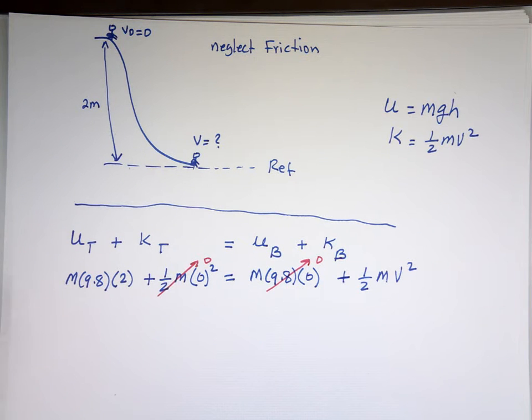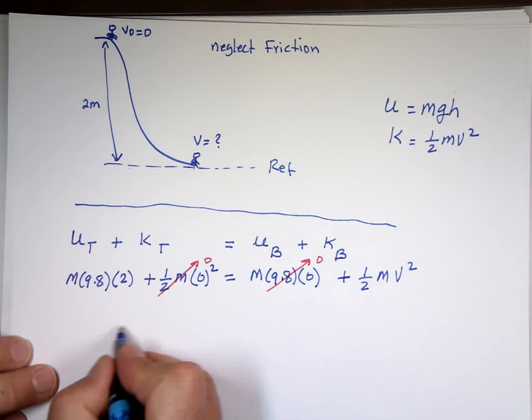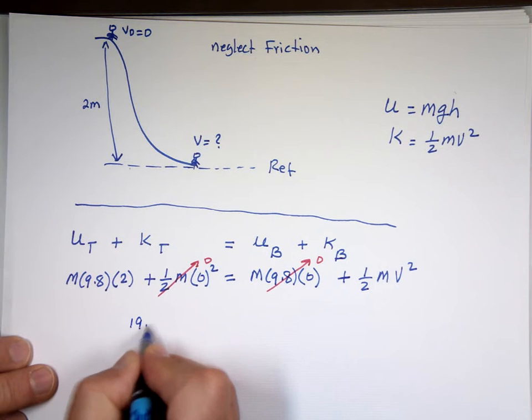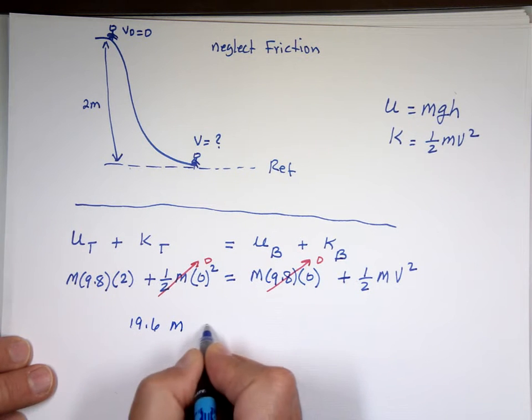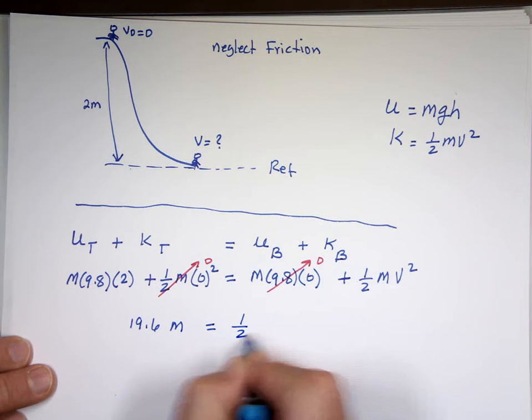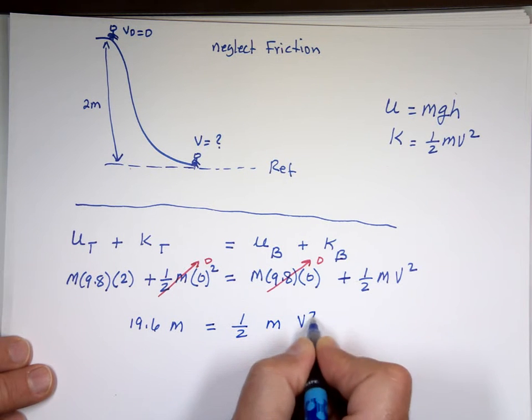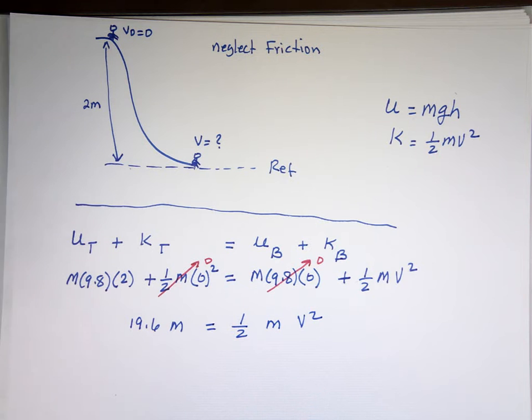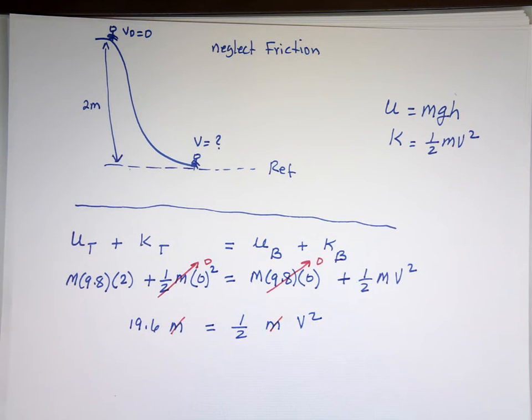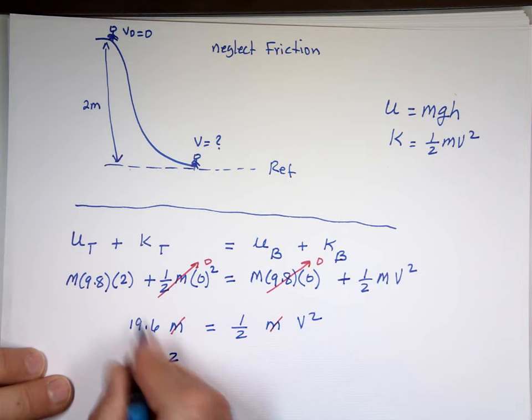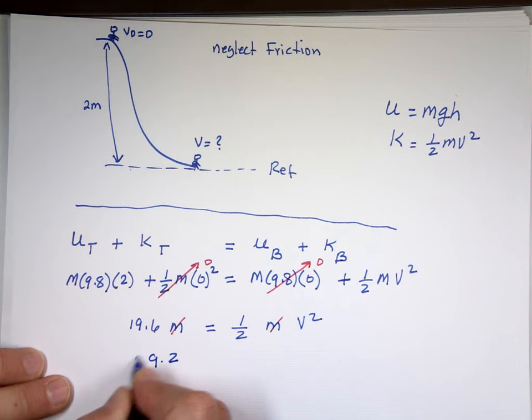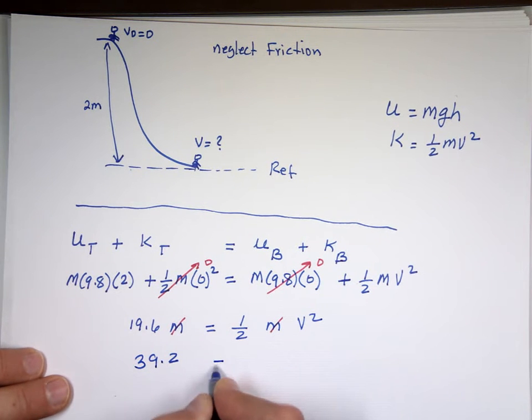What's left? 19.6 m equals 1/2 mv squared. You can cancel the m from both sides. That's why I said the mass is not a factor. Multiply by 2 to get rid of that. 39.2 equals v squared. V equals the square root of 39.2.